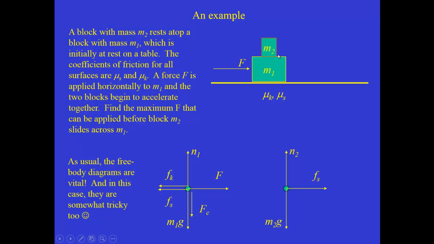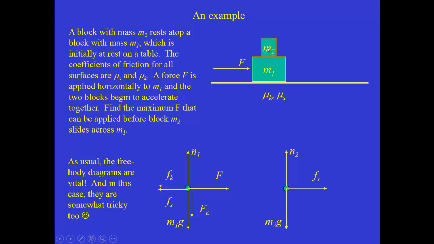So imagine that M2 is a block of ice, just a cube of ice sitting on top of a very smooth surface. And if we pushed on M1 to the right, if there were no friction between M1 and M2, M1 would move to the right and M2 would just stay in one place. It would appear to be moving to the left relative to M1 if those surfaces were very, very smooth.